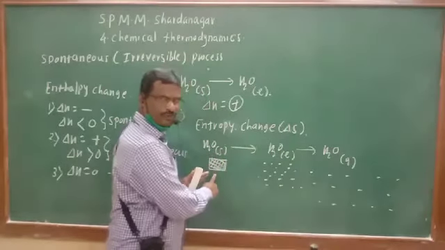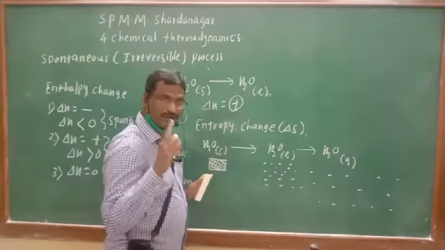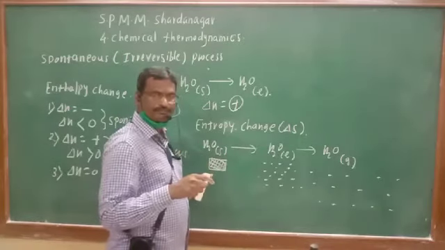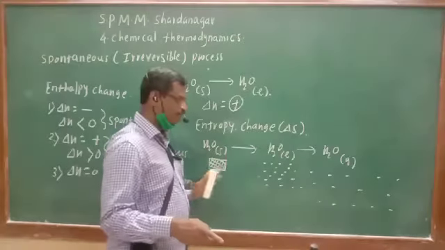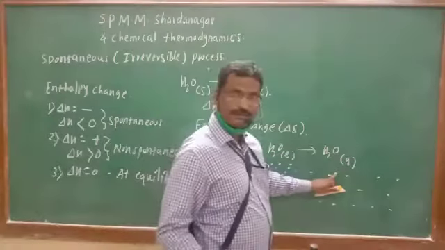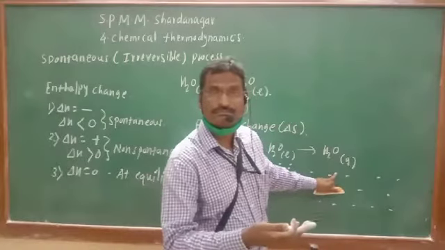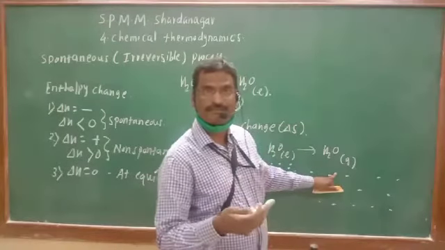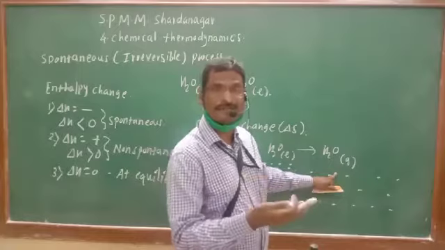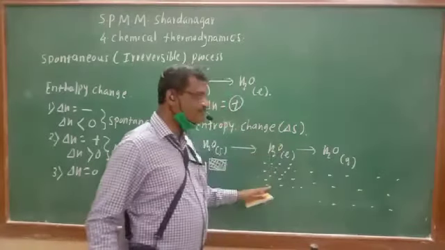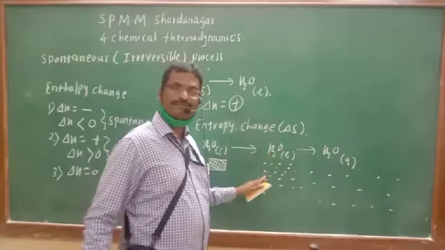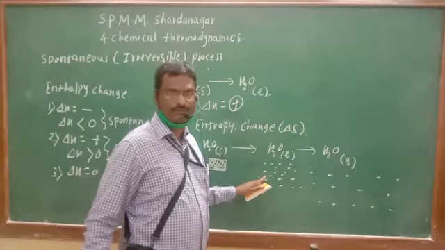Entropy is minimum in solid state, because randomness is minimum, order is maximum, disorder is minimum. Here in gaseous state, entropy is maximum because randomness is maximum, disorder is maximum, order is minimum. And in this case it is the intermediate state, therefore intermediate entropy.